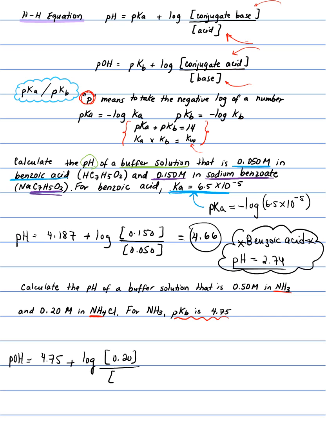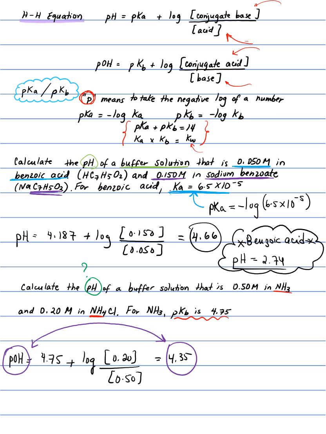And that will go over the concentration of the base, which is your 0.50. And that's giving you 4.35.